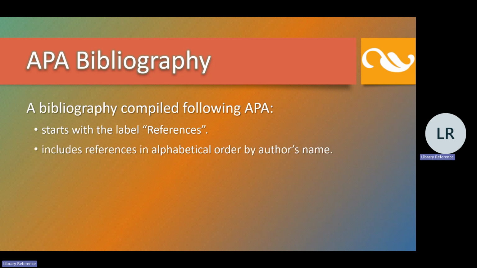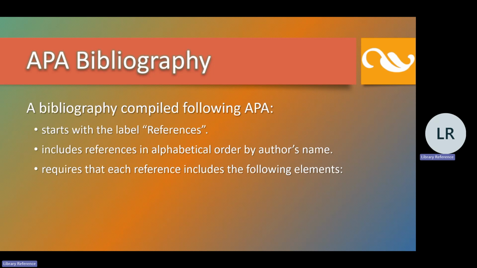Second characteristic, an APA bibliography includes references in alphabetical order by the name of the author. And third characteristic, an APA bibliography requires that each one of the references listed in it includes 4 elements.